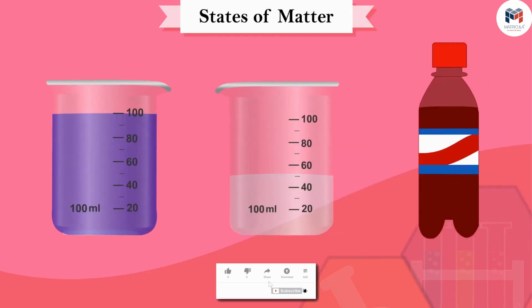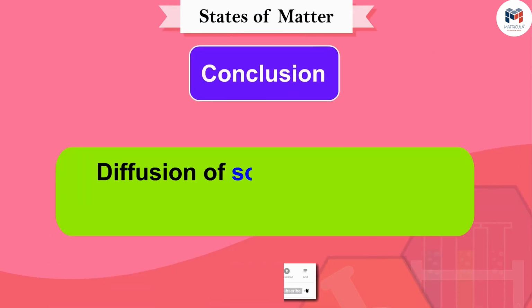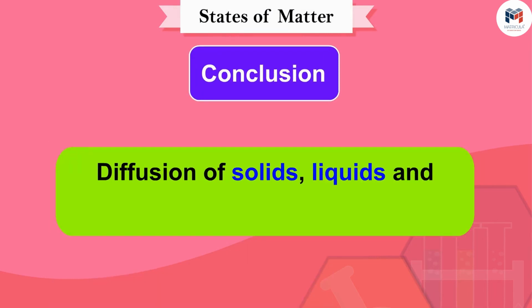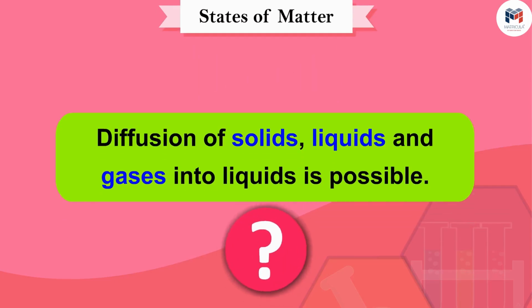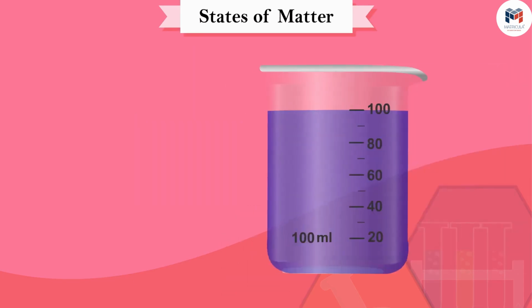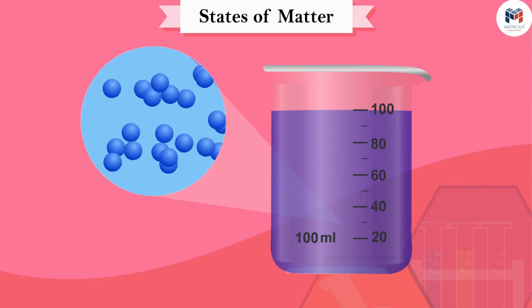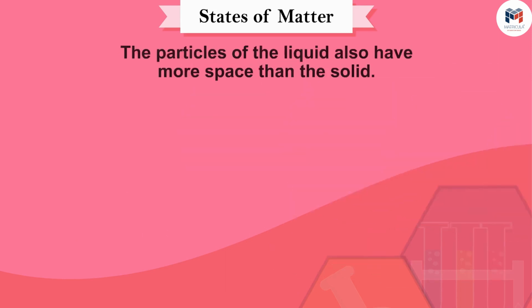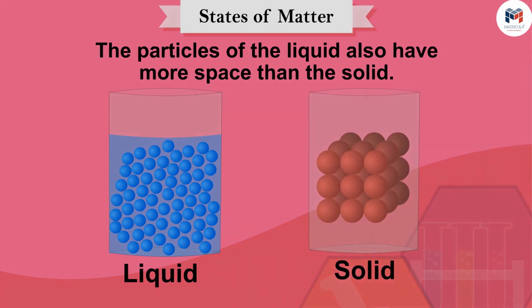By this activity, we can conclude that diffusion of solids, liquids and gases into liquids is possible. You may be thinking, but why? This is possible because the particles of matter move freely in the liquid state, and the particles of the liquid also have more space than the solid.